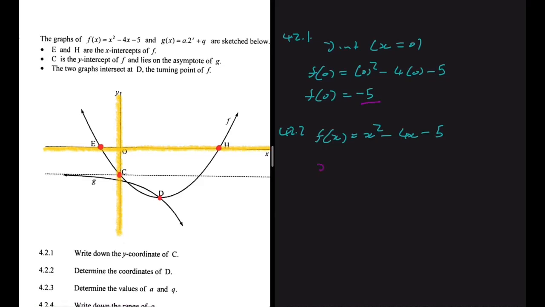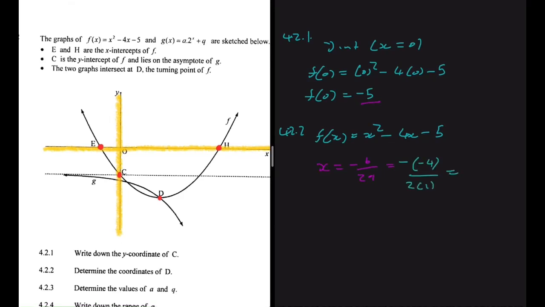We can say that x will be equal to minus b divided by 2a. So b is the coefficient of x, so that's supposed to be minus 4, and a is the coefficient of x squared, so we're just going to have 1 there.